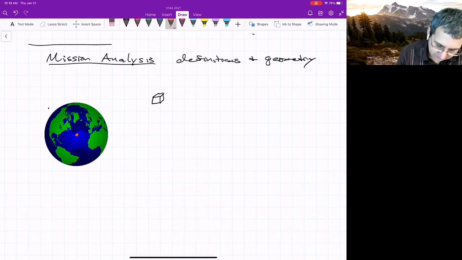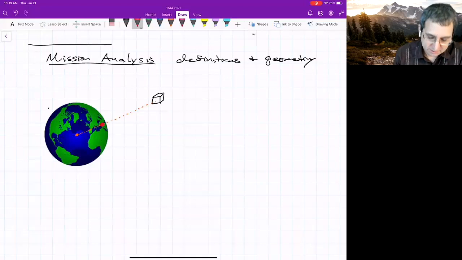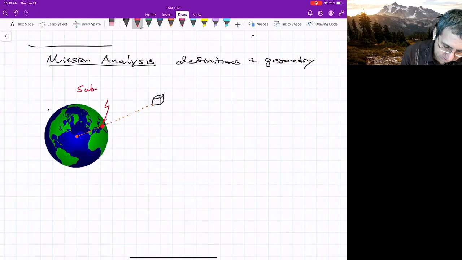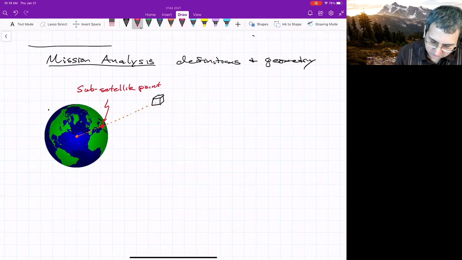If I draw a line from the center of the Earth to the spacecraft, that's going to intersect the ground at some point. Let's pick here. So this point is called the sub-satellite point, or SSP.